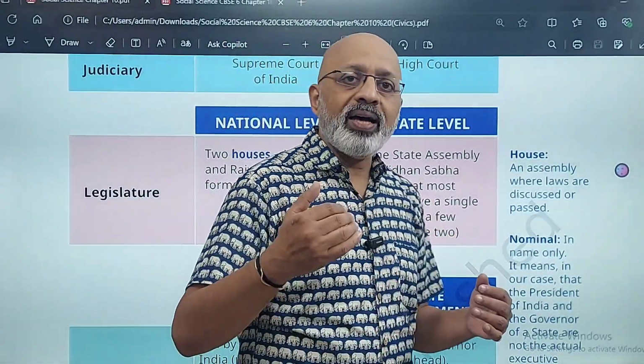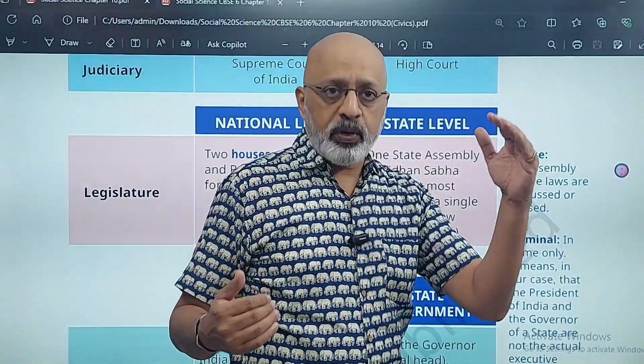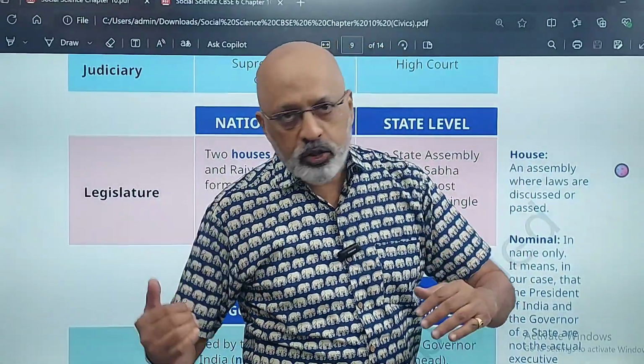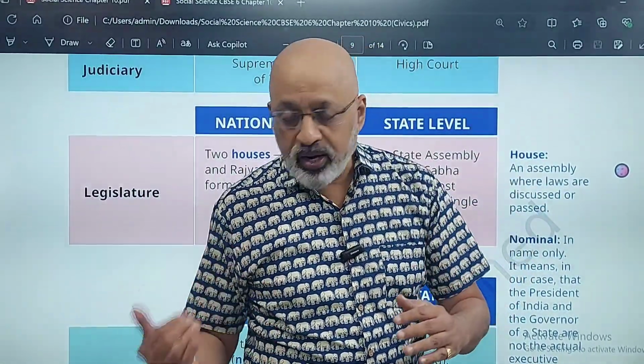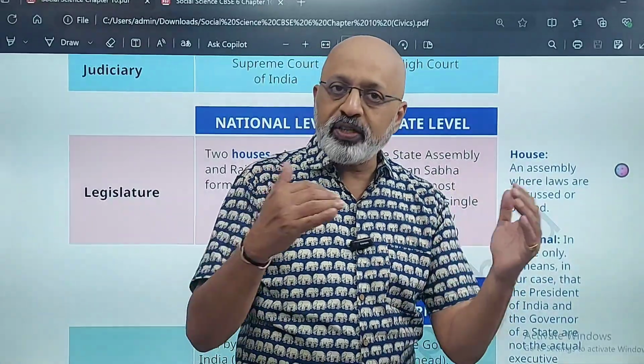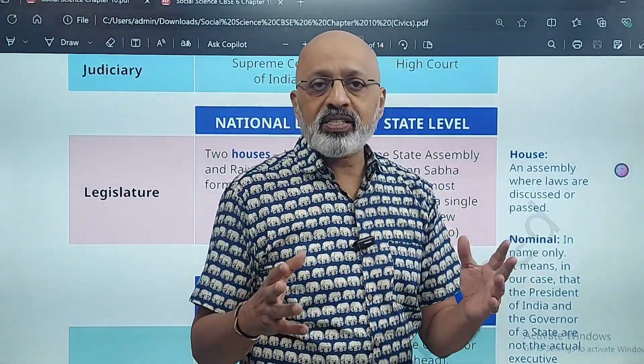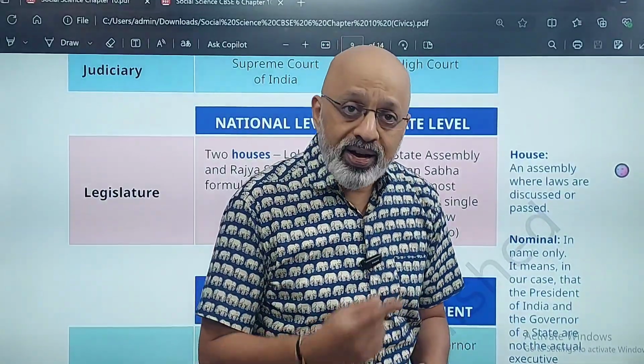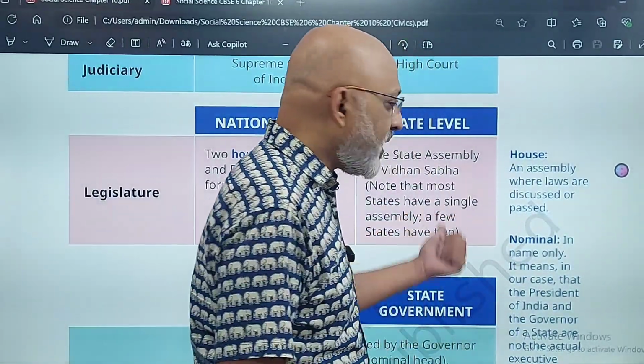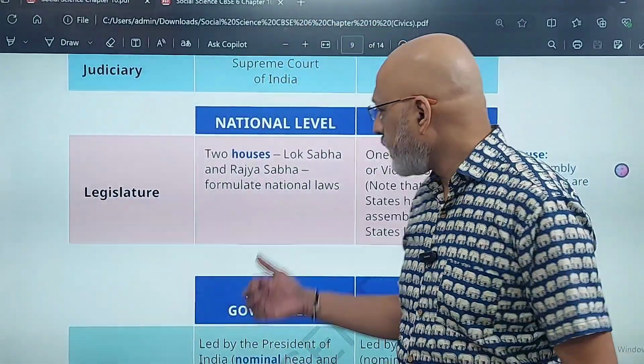Like Telangana has Vidhan Sabha and Vidhan Parishad, like Lok Sabha, Rajya Sabha. Andhra Pradesh also has 2. Karnataka also has 2. Uttar Pradesh also has 2. But there are certain states which do not have a legislative council. So that is one thing.